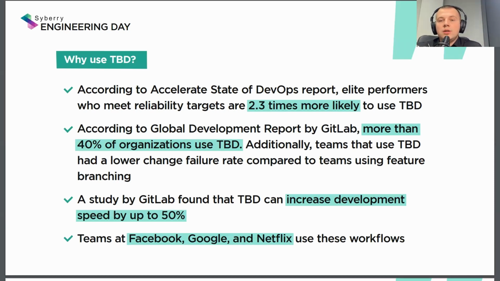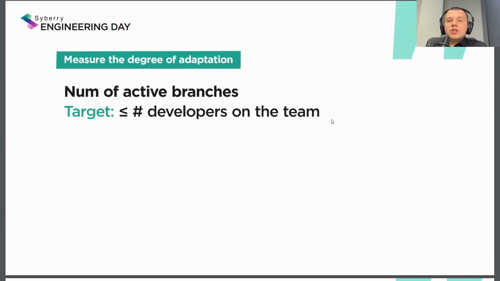And as you can see, huge companies like Facebook, Google, Netflix, and many other tech businesses use these workflows, use TBD. Let's continue with measures, statistics, and so on.